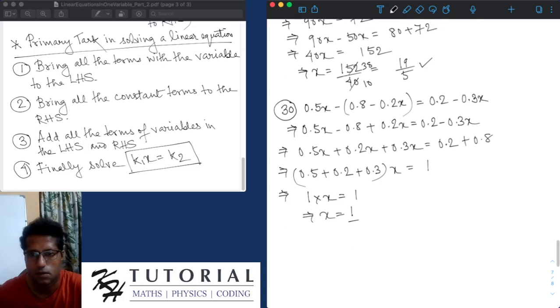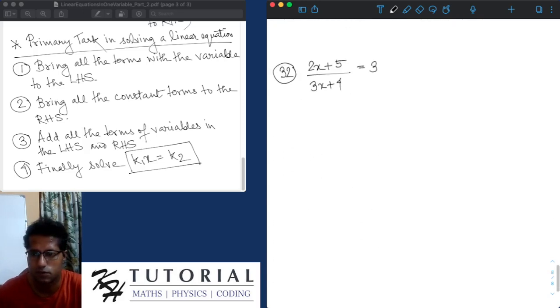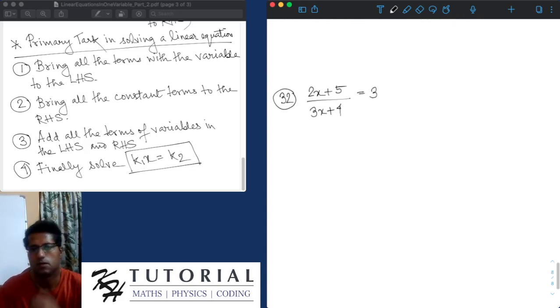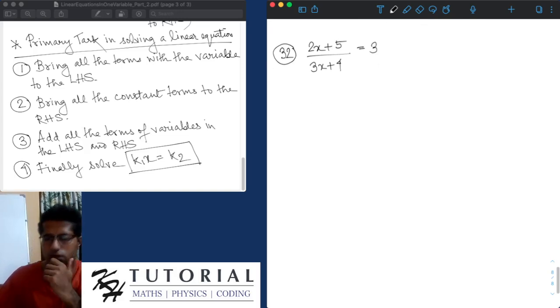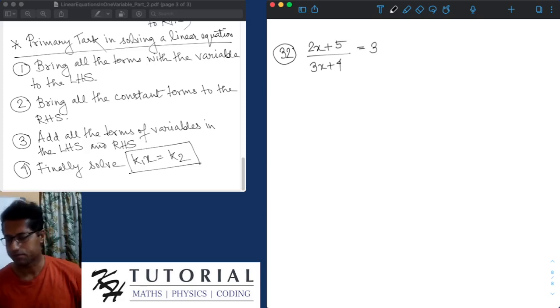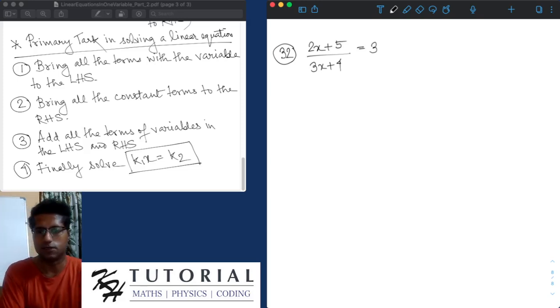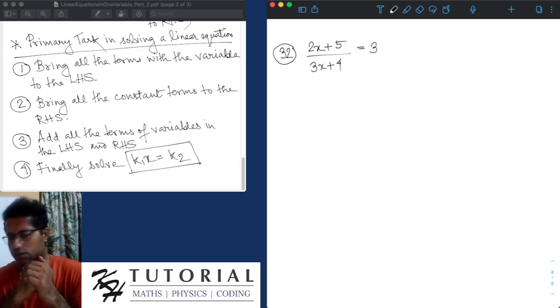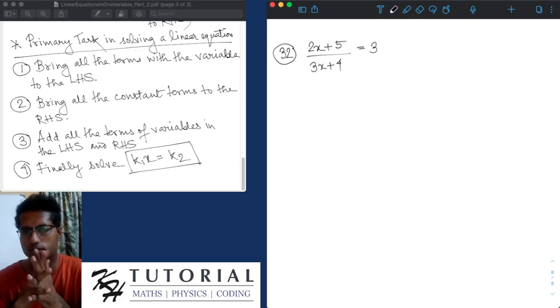Okay, let's see question number 32. This is the last problem. Now this problem is a little different. You see that the LHS, 2x plus 5 by 3x plus 4, is in the rational form, but the denominator also has a variable.